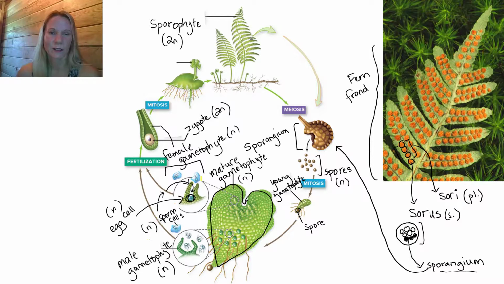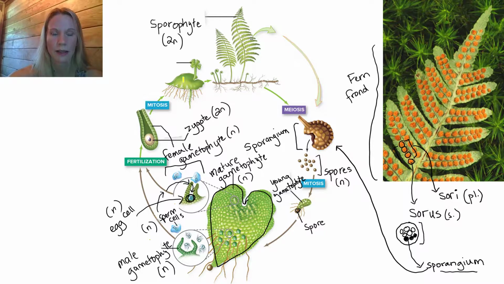So the zygote is growing inside of the female gametophyte, and it begins to grow by mitosis, which means it divides and makes identical cell copies and becomes multicellular. And so what we're seeing here is this little heart-shaped gametophyte again. And remember, the sprout is going to be at the top.